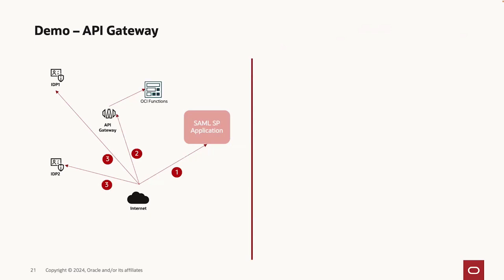If we were to do this use case without API gateway and OCI function behind the scene, as you can see on the screen, you would have to put a full-fledged SAML implementation in between, acting as a federation proxy to process incoming SAML requests from the application, and then route the requests to one of the many IDPs that you want to support at the federation proxy.